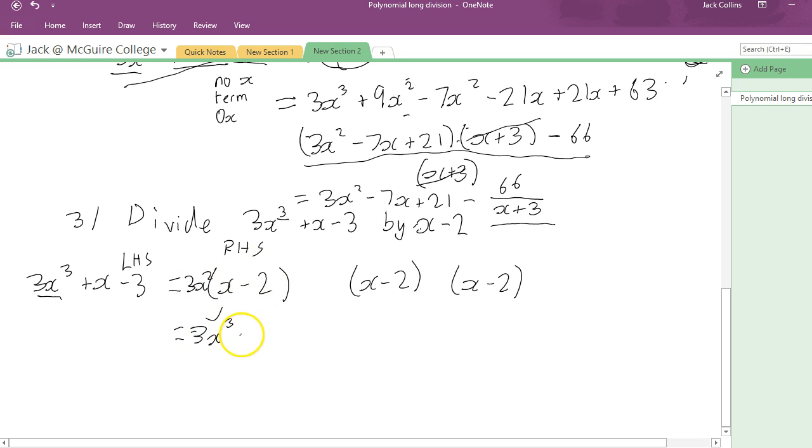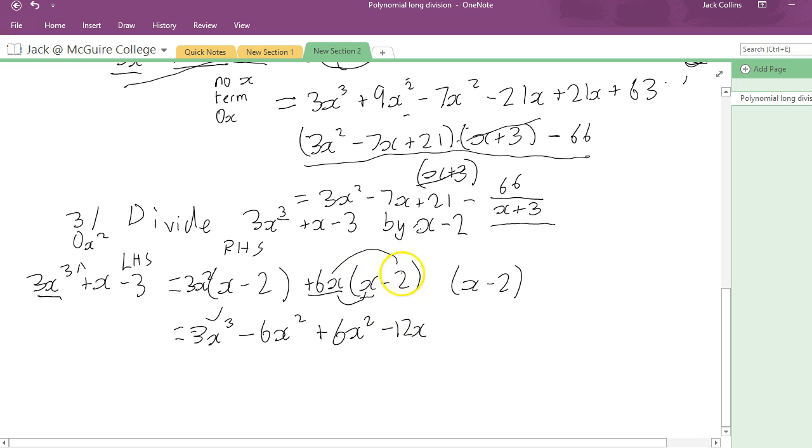And then we're also getting minus 6x squared. Now over here, there's no x squared, so we want to get rid of that x squared. To get rid of minus 6x squared, we'd need to add 6x squared. So that's what our next coefficient is, 6, to cancel it out. It becomes plus 6x squared minus 12x.